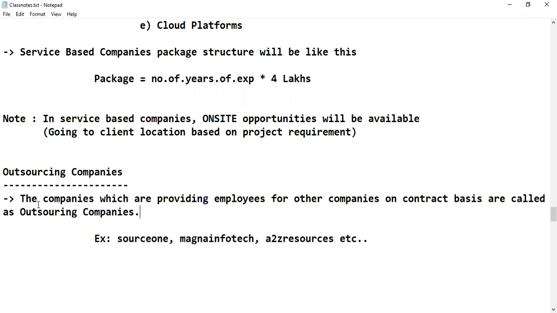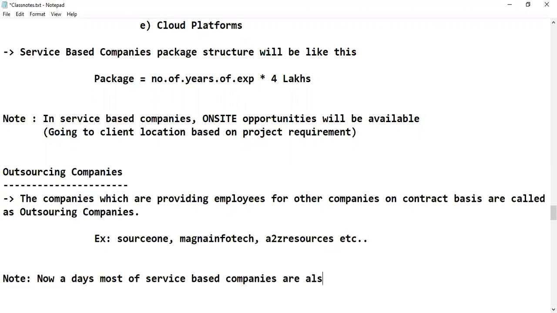Nowadays, most service-based companies are also doing outsourcing business.